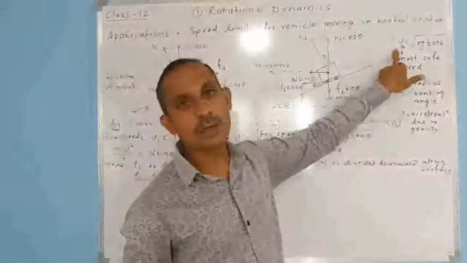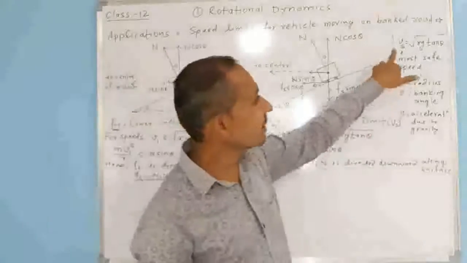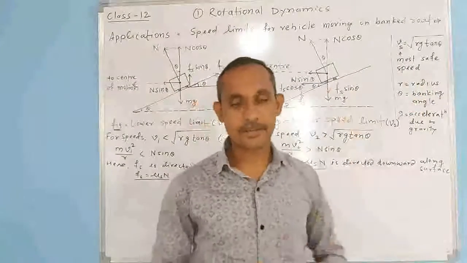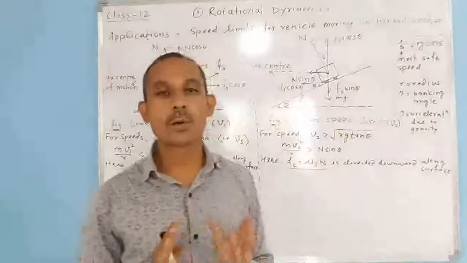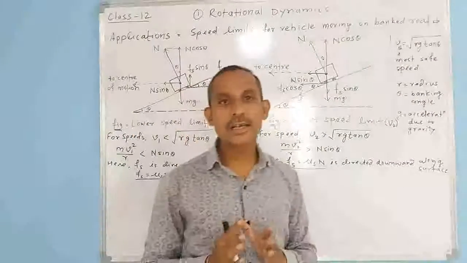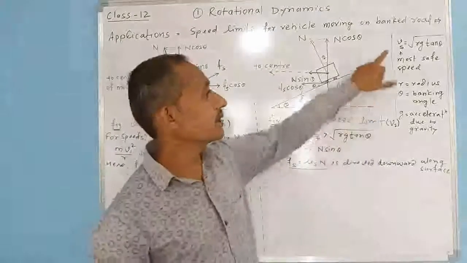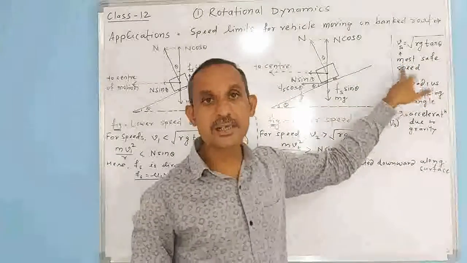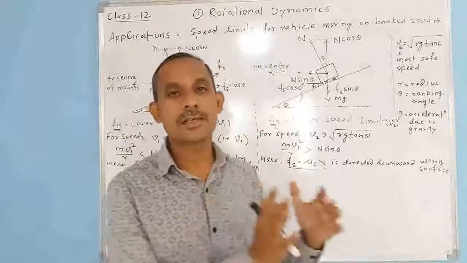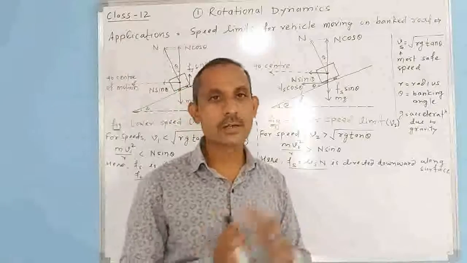So this was the equation for the banked curve road speed limit, and this speed limit is called the most safe speed limit. It means whenever a vehicle is moving along the banked curve road with this most safe speed, then we can imagine that the frictional force is negligible there, very close to zero.